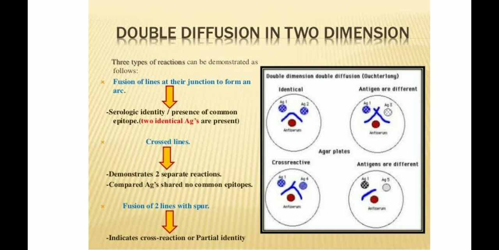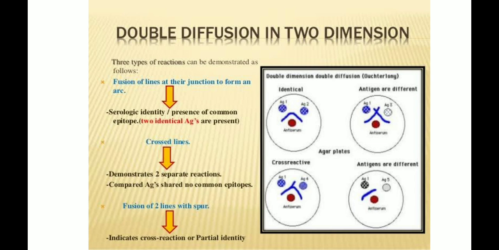So there are three types of line. First of all, when the fusion of lines takes place, in the first case you can see that the lines have fused. If the lines have fused, it means that antigen 1 and antigen 2 are the same. Okay. Now if the lines have crossed each other, in this case both the bands have crossed each other, you can see, so it means they are completely different.